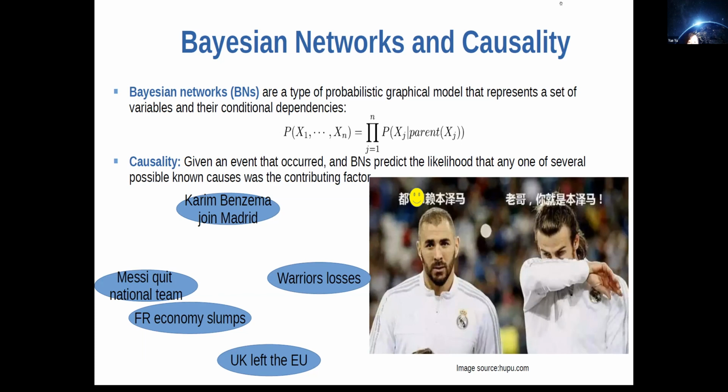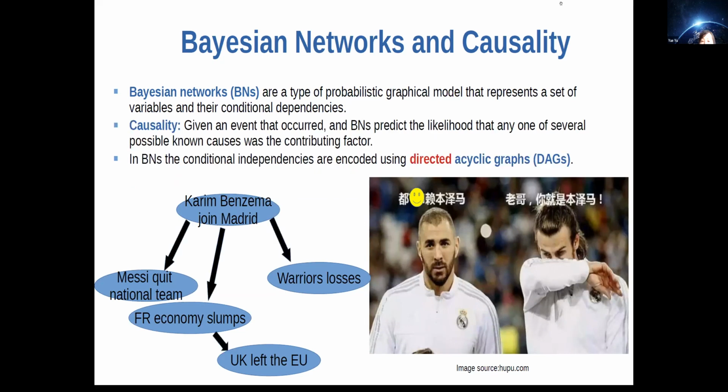Now let's go back to the example here. We know that the UK left the European Union, right? Maybe Benzema joining Real Madrid can be one of the causes. This example might seem really crazy, right? However, it can have a logic chain like the following. We might say maybe because Benzema joined Real Madrid, the French economy slumps.